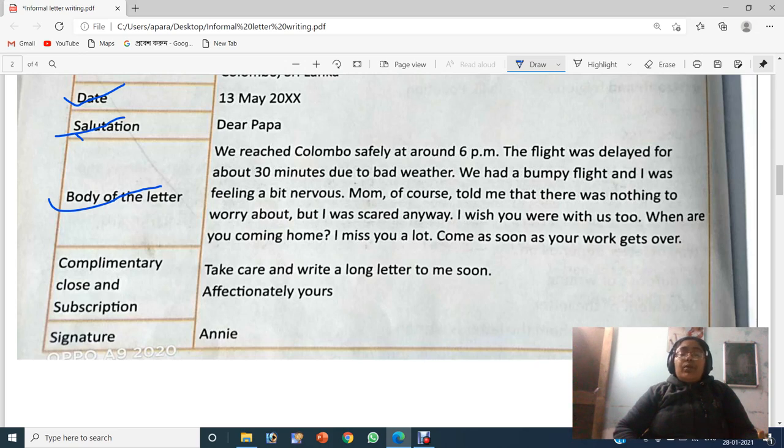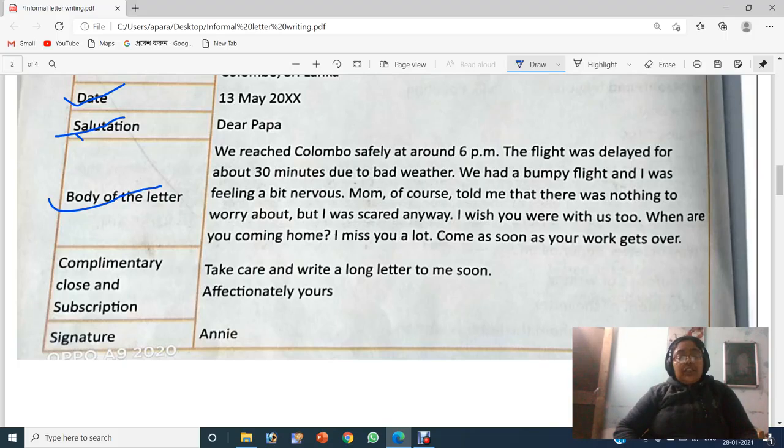So this is a very emotional letter sent by Annie to her father. She was very scared when the flight was not moving very smoothly, and her mom, of course, told her not to get afraid.